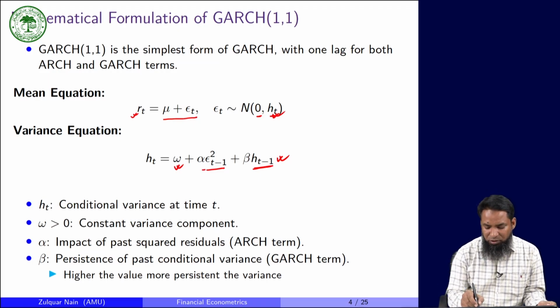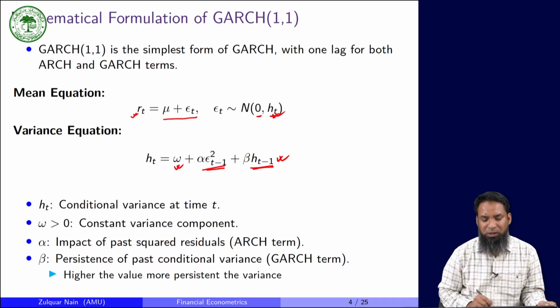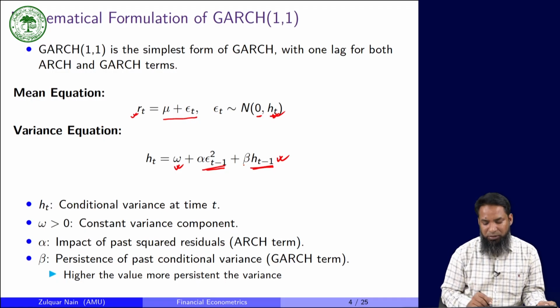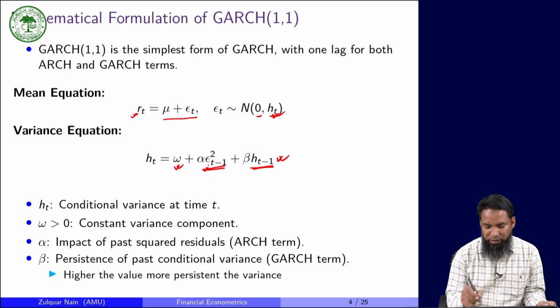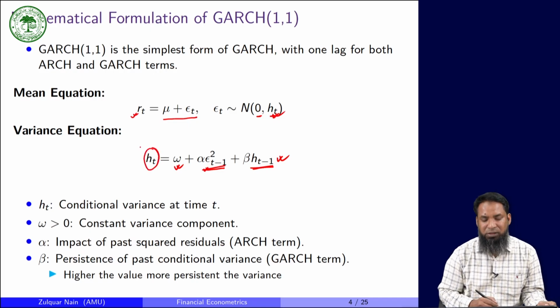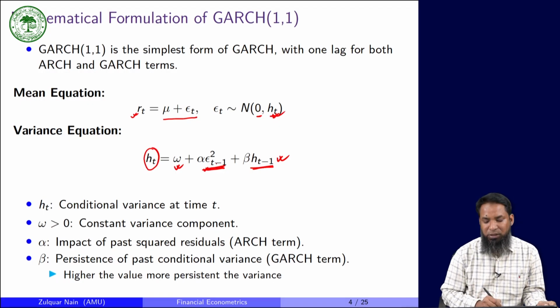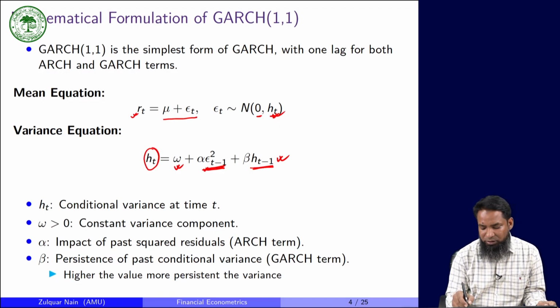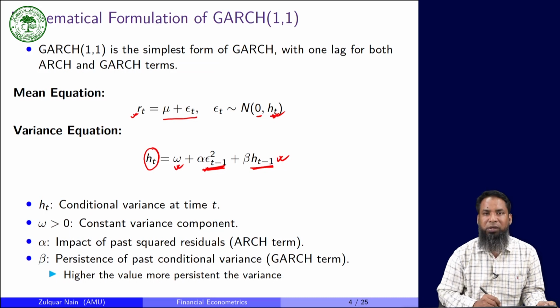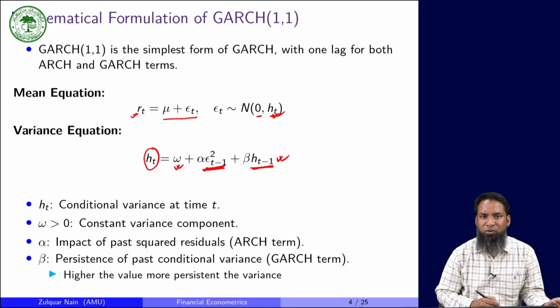This particular term is what we call the ARCH term, and this is what we call the GARCH term. So this equation shows that the conditional variance of the error term at time t depends on one lag of the past squared error terms, and also on the immediate past value of the variance, that is its own past value.